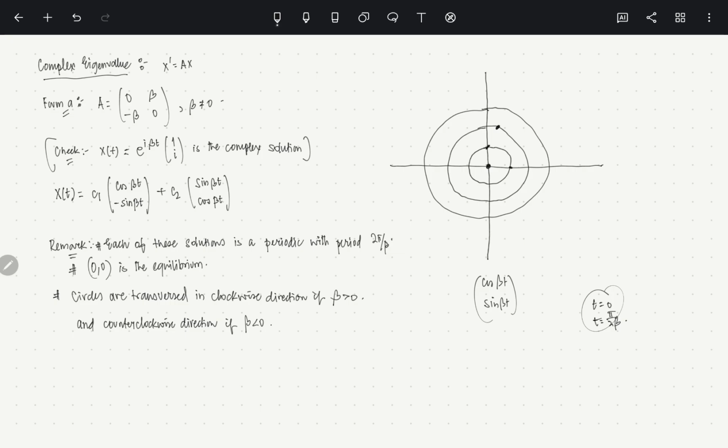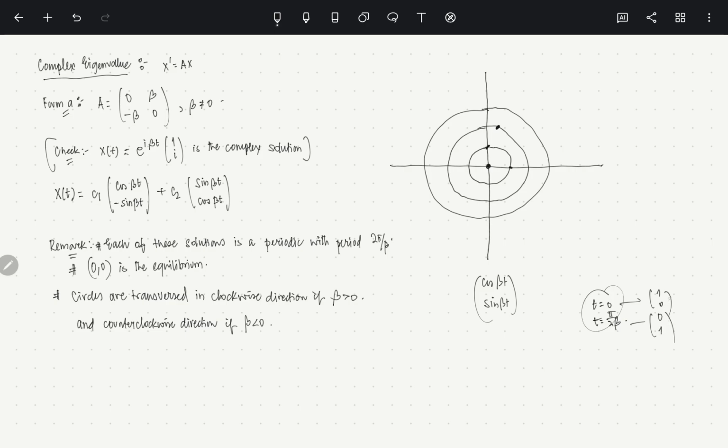Let me just see. So as t increases, at t equals 0, cosine 0 is 1 and sine 0 is 0, so it is 1, 0. And at t equals pi by 2 beta, beta is positive, so this becomes pi by 2, cosine pi by 2 is 0 and sine pi by 2 is 1.